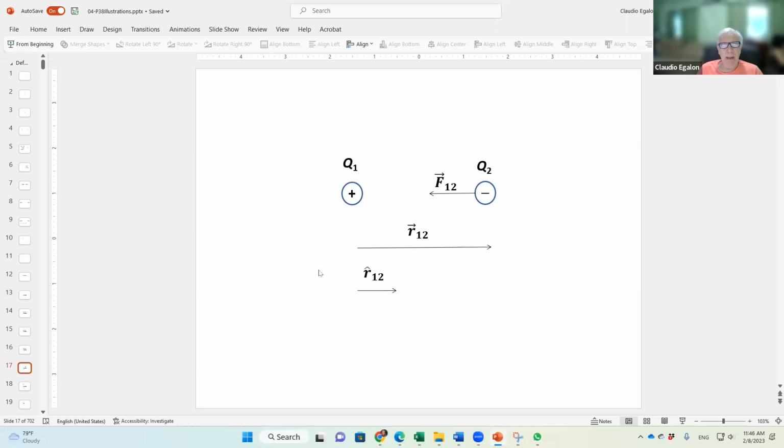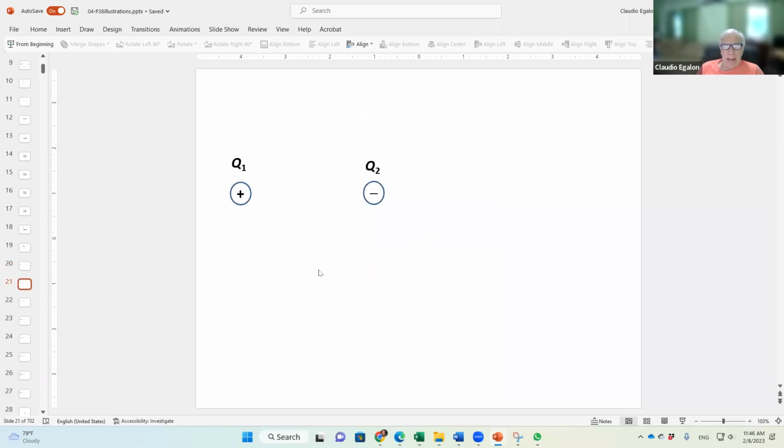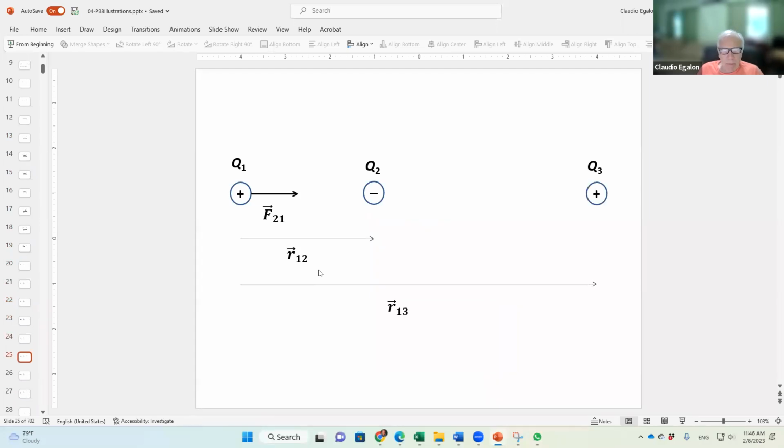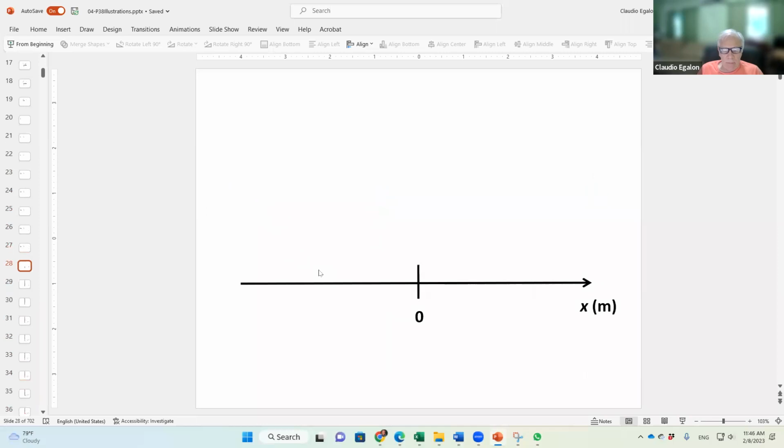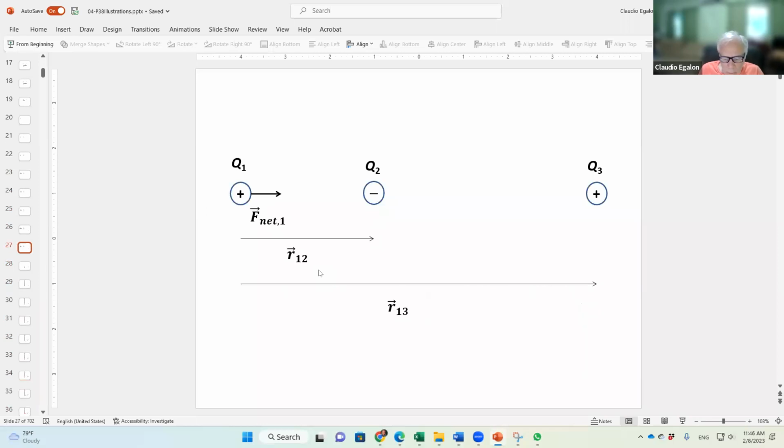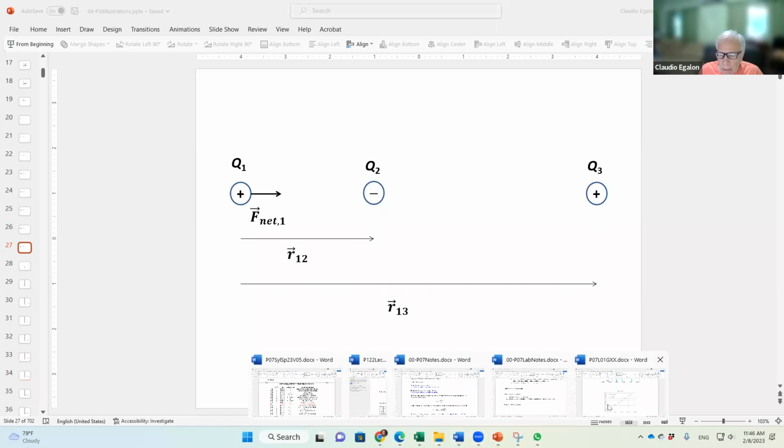Here's my unit vector, r_12. And here's my other vector, r_21, that goes from charge 2 to charge 1, the position vector from 2 to 1. Why am I doing that? Well, because there is an equation of the force in vectorial format.